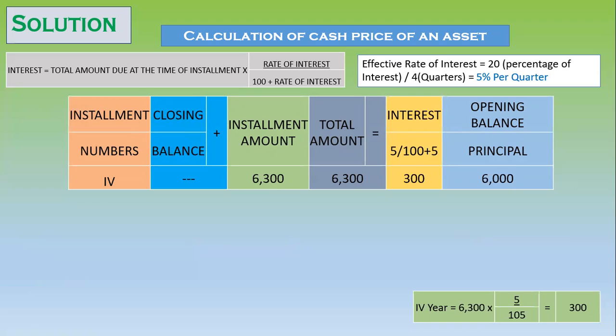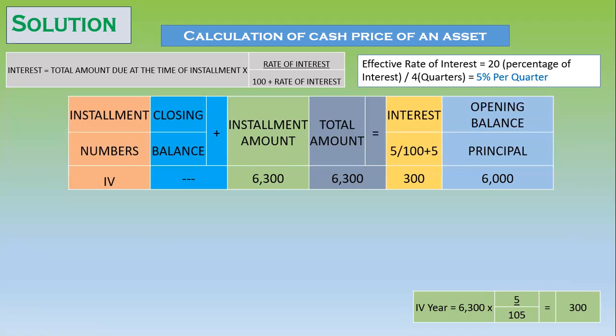That's why we are not mentioning the closing balance here; it's nil. So in the fourth quarter we are paying 6,300, and the total amount will be 6,300 plus 0, which is 6,300. Now for interest, instead of 20%, we consider only 5%, because 20% is per annum and we are paying on a quarterly basis. So 20 by 4 gives 5%.